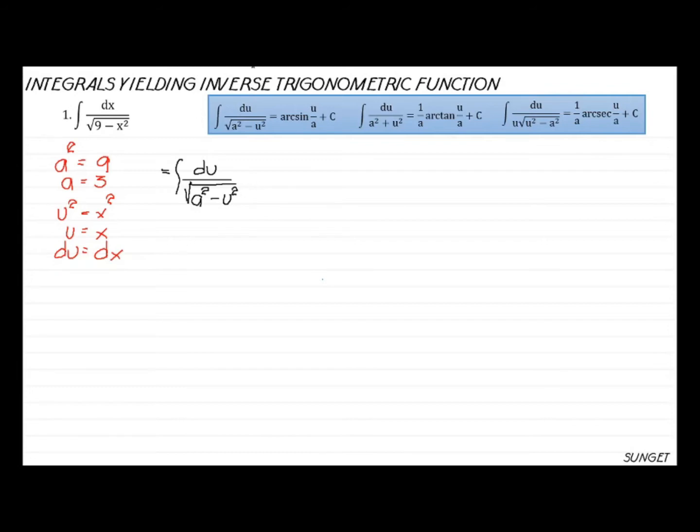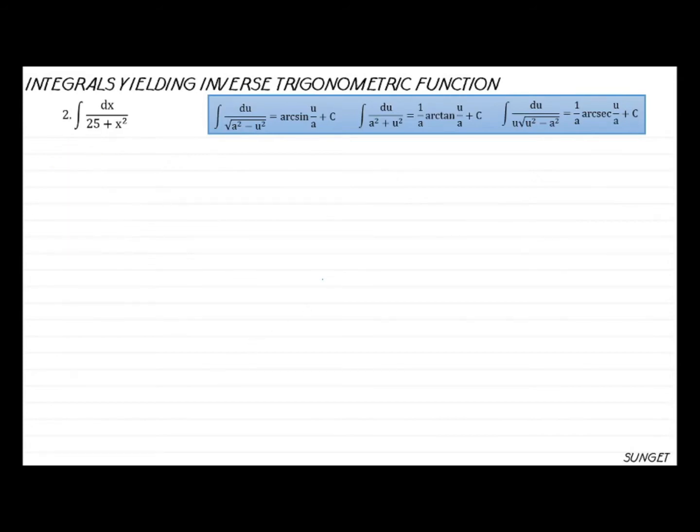The integral of du over the square root of a squared minus u squared is equal to arcsin of u over a plus c. Then substitute the value of u and the value of a. So the answer is arcsin of x over 3 plus c.